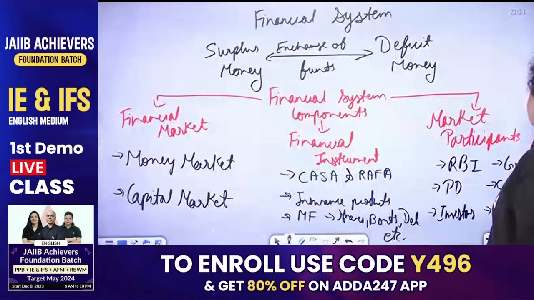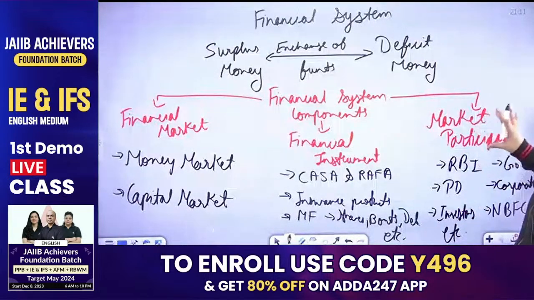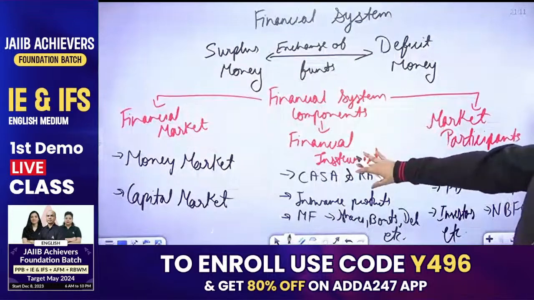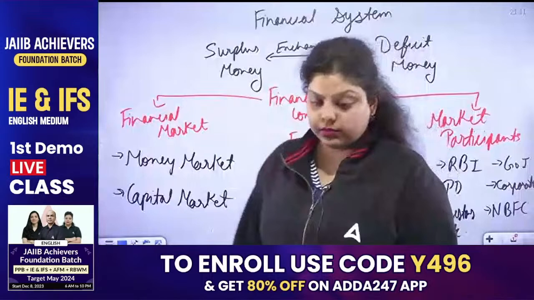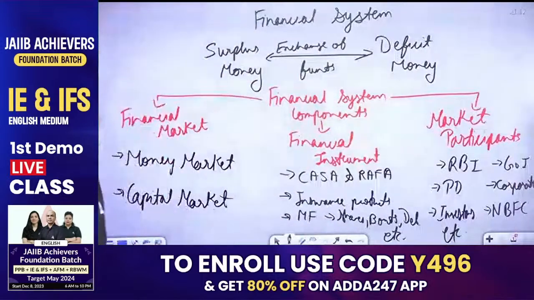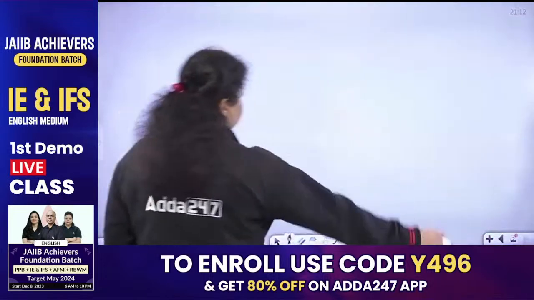Primary dealers, I have written that. NBFCs, non-banking financial companies, etc. They are all market participants. Market participants means the persons who purchase or sell financial instruments in the financial market to fulfill their need of money. Clear? So this is the financial system we are talking about, the basics of the financial system.